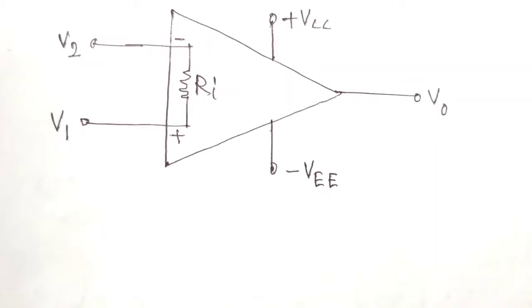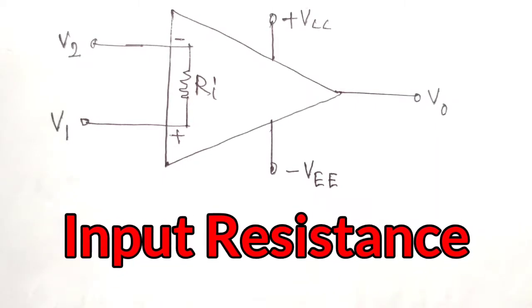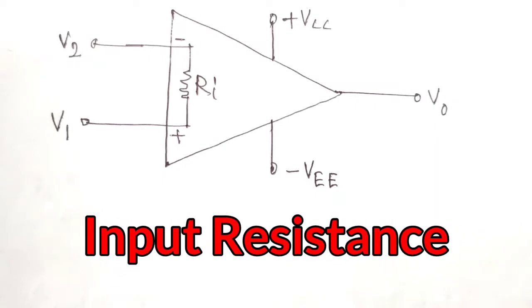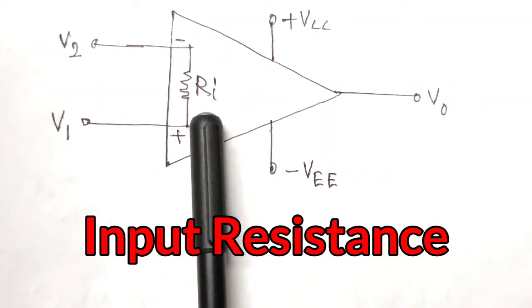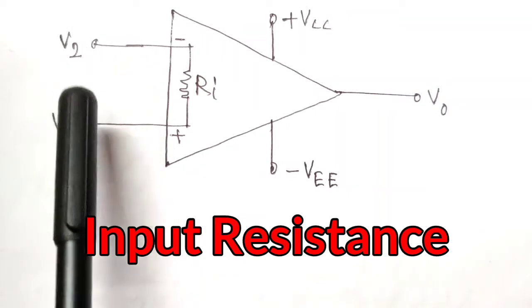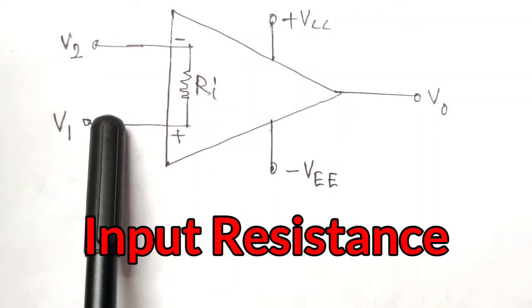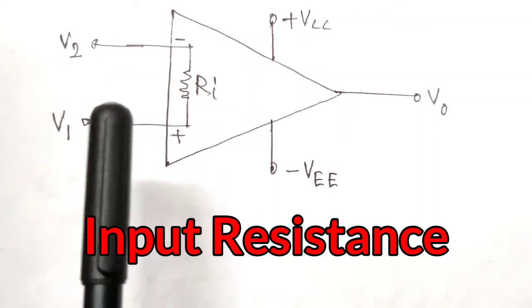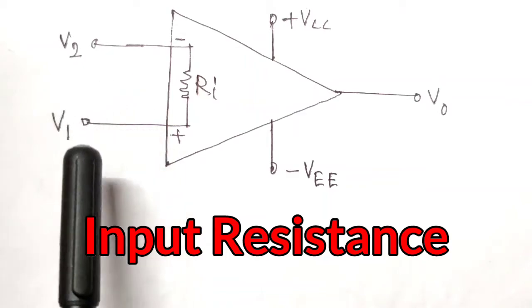So number one is the input resistance, denoted by Ri. It is the equivalent resistance that can be measured at either the inverting or the non-inverting input terminal with the other terminal connected to ground.